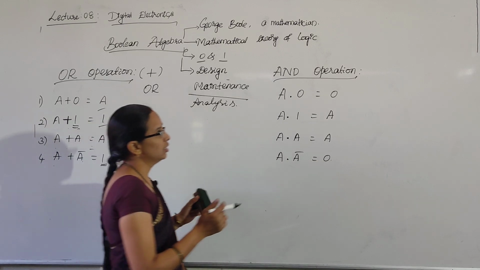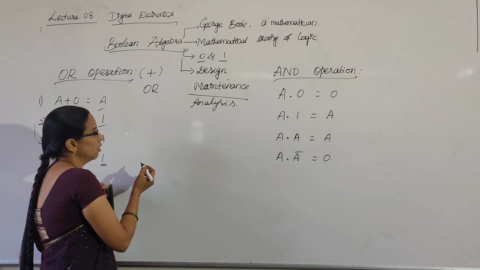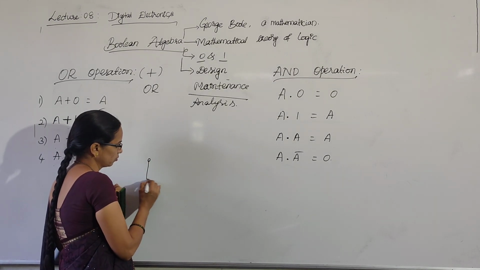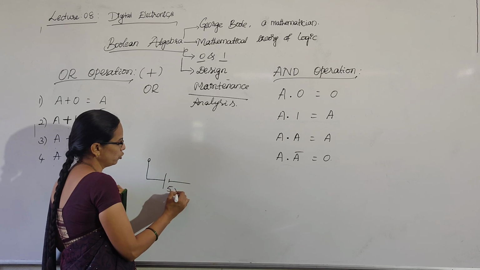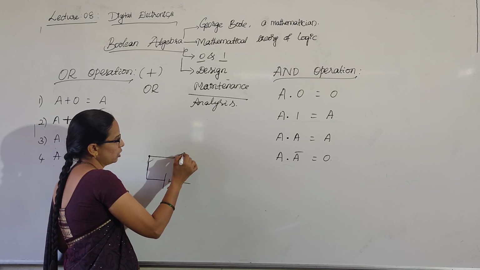Okay. Next is AND operation. For our AND operation, we will assume a circuit. A 5 volt battery is connected. Here I write a series circuit, not a parallel circuit.